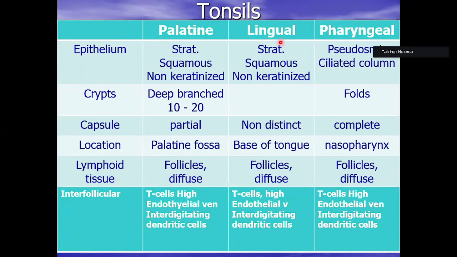The lingual tonsil at the base of the tongue, and the pharyngeal tonsils at the roof of the pharynx, which also will include lymphoid tissue within the uvula. The pharyngeal area will also include lymphoid tissue that guards the opening of the eustachian tube, or the pharyngotympanic tube, what we refer to as the tubal tonsil.